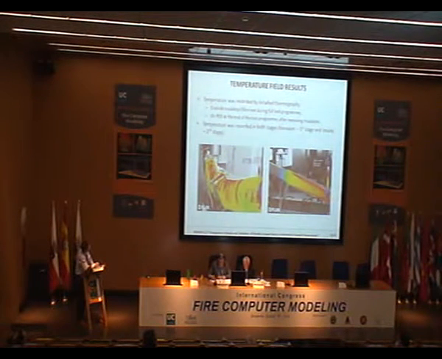On the left, the deformed shape of the beam just at the end of the test. And on the right, when you remove this insulation mat fiber material, you can see that the temperature, of course, is not uniform along the length of the beam, as we expected.